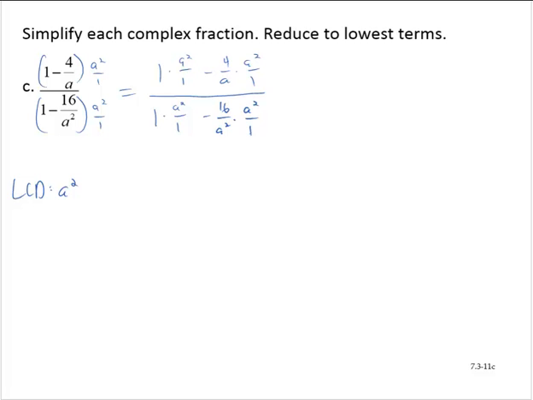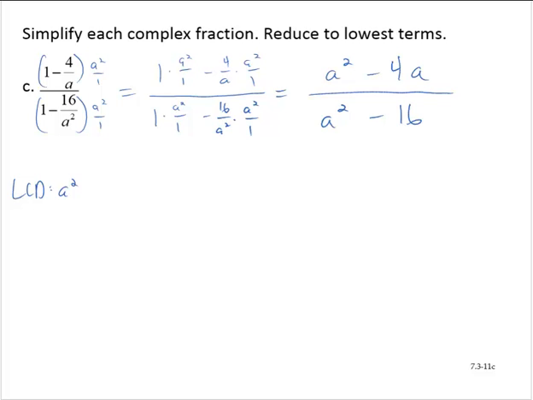Alright, we go through the multiplications and reducing. This would give us a squared minus 4a over a squared minus 16.